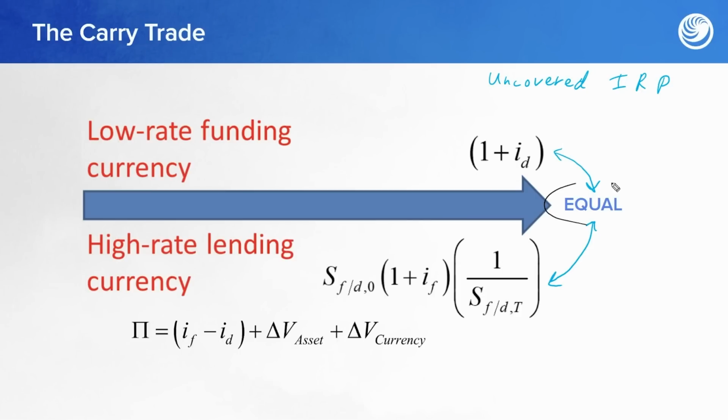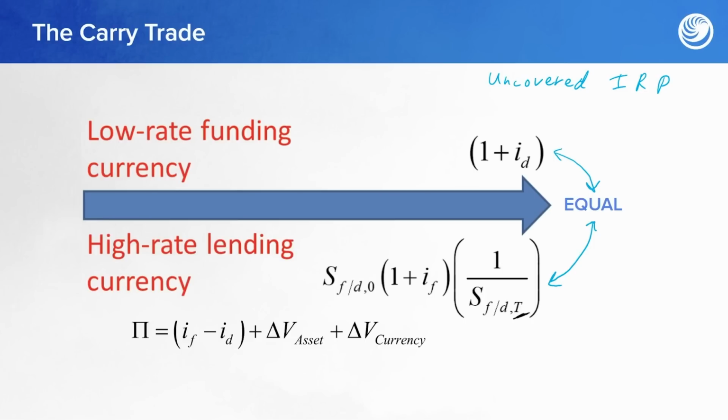That should be equal to the right side of the formula, which is the current spot exchange rate between the foreign and domestic currency at time 0, so right now today, multiplied by 1 plus the foreign currency's nominal interest rate, multiplied by 1 divided by the spot exchange rate between the foreign and domestic currency at the end, so big T is maturity.